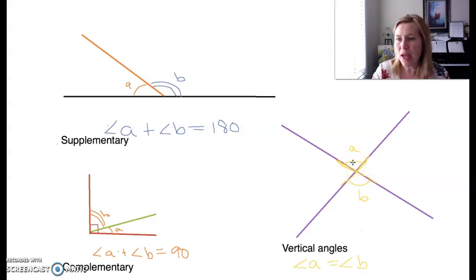Whatever the value of this angle is, this angle will be the exact same value. So if I say this value right here is 80 degrees, it almost looks like it's 90, but we'll say this one's 80 degrees. If this one's 80 degrees, this one opposite is also 80 degrees.